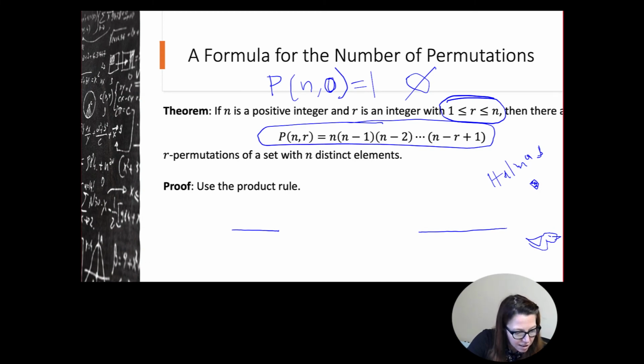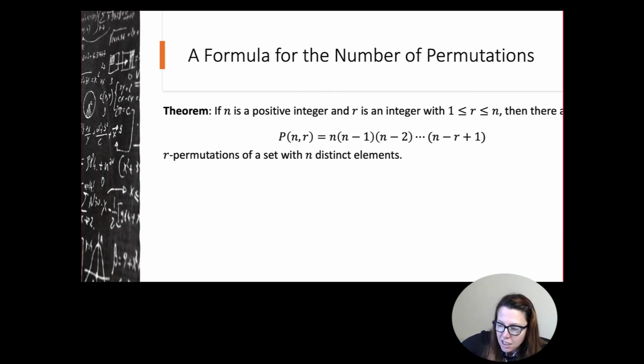I'll just get rid of things and make myself some space. Okay, so if I have a set 1, 2, and 3, and I take a 2 permutation.